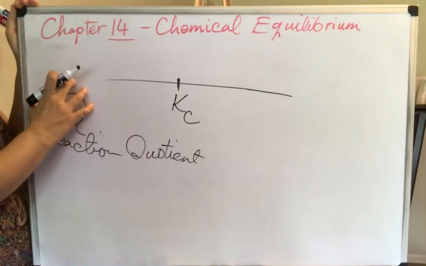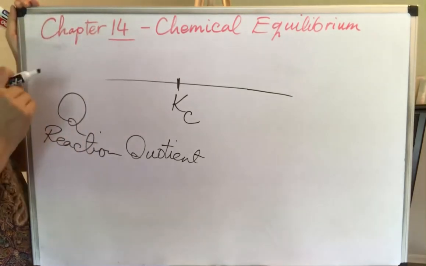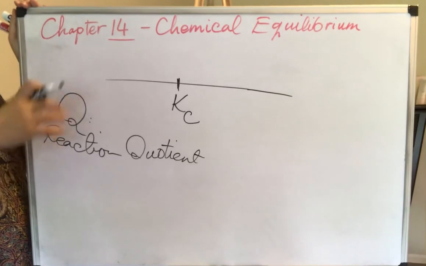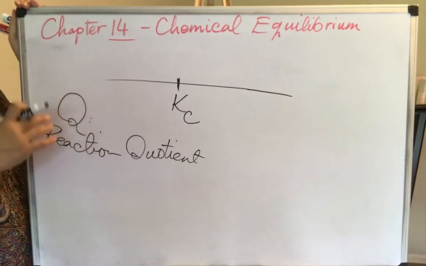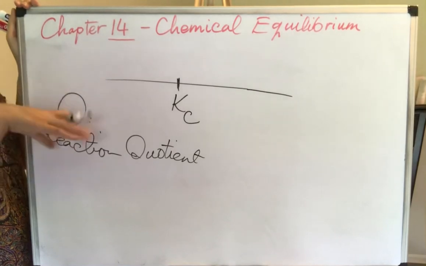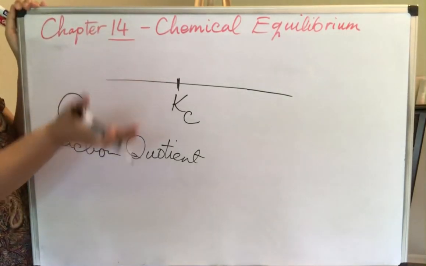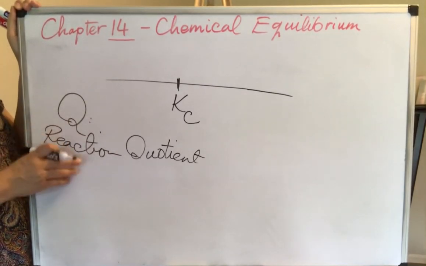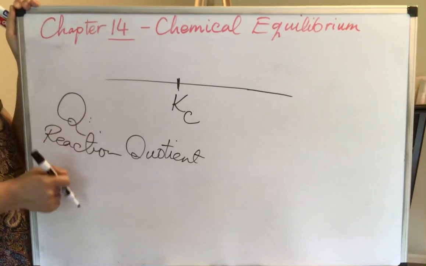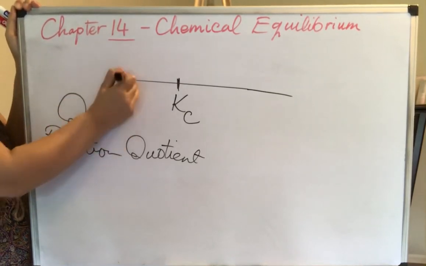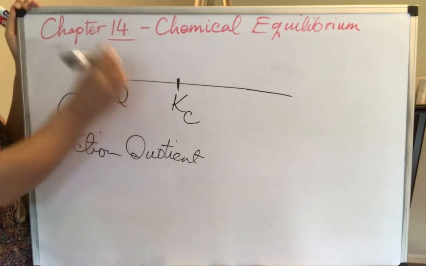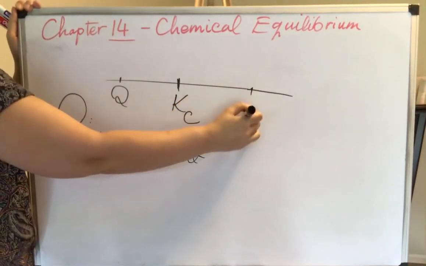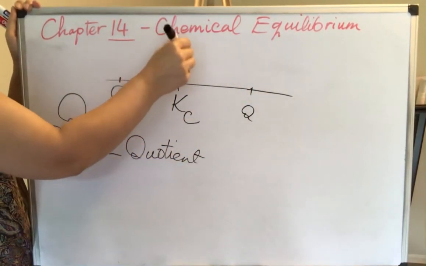What is the difference between Q or Qc and Kc? Q has the same form, the ratio of products over reactants, but you use initial concentrations for its value, not the equilibrium concentrations. When you determine Q, the value can be less than Kc, more than Kc, or equal to Kc.